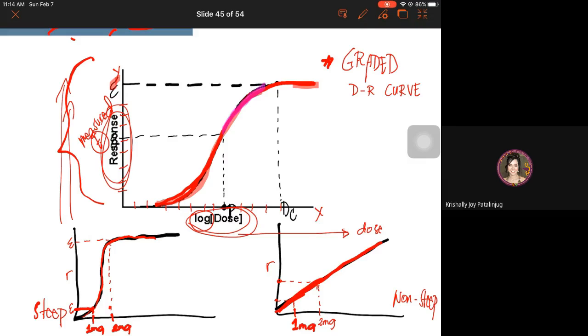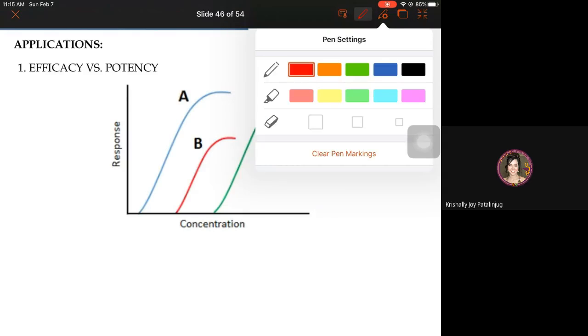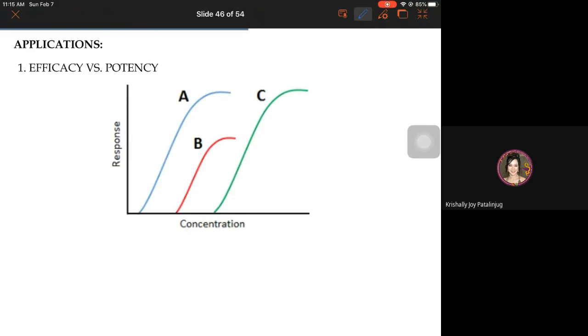So let's have, for example, applying this dose response curve in determining efficacy and potency of a drug. You have three drugs, A, B, and C, and their dose response curves are already shown in this graph. In order for us to interpret this, let's start with the efficacy of the three.